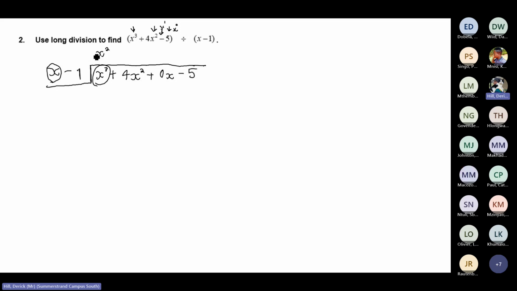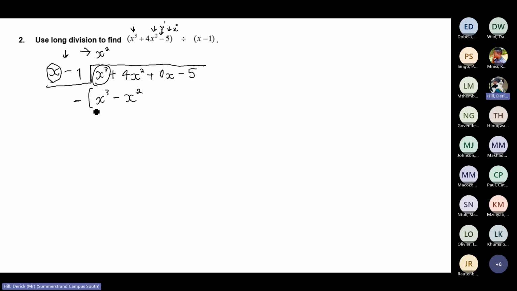Now what I'm going to do is multiply this x squared by my x minus 1. So x squared times x gives me x cubed. X squared, excuse me, times minus 1 gives me minus x squared. Now I'm going to subtract these.